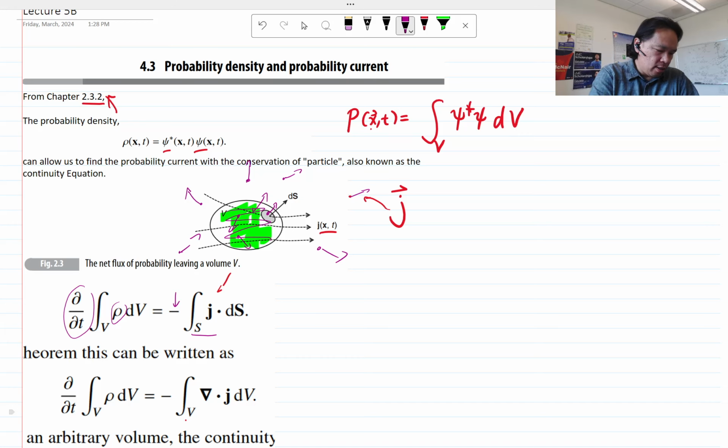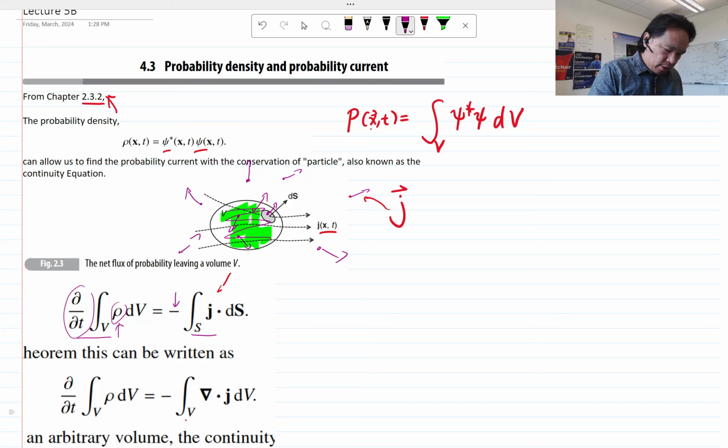The negative of that tells you how the probability of your particle being inside that volume changes with time. There's a negative sign there because particles leaving your volume will decrease the probability of your particle being inside your volume.